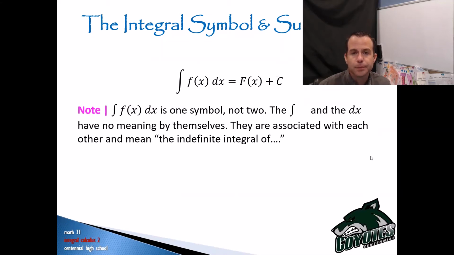So note, that is one symbol, not two. The integral sign and the dx sign have no meaning by themselves. Rather, they're associated with each other and mean the indefinite integral of, okay?